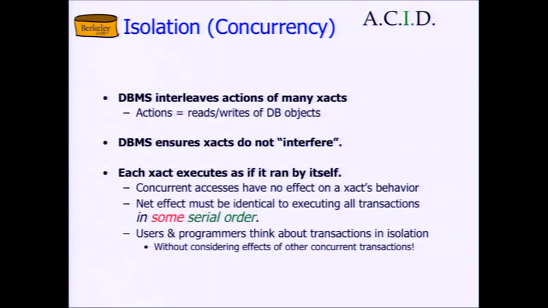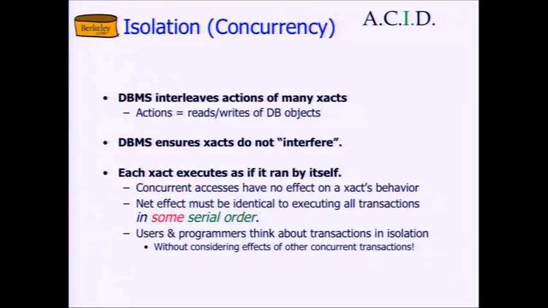Okay, so the mechanisms for isolation are mechanisms of concurrency control, mechanisms to control the degree of concurrency across transactions. Database systems are going to allow transactions to interleave their actions. An action from the database's perspective is a read or a write of an object.